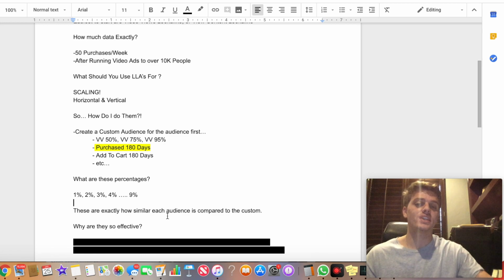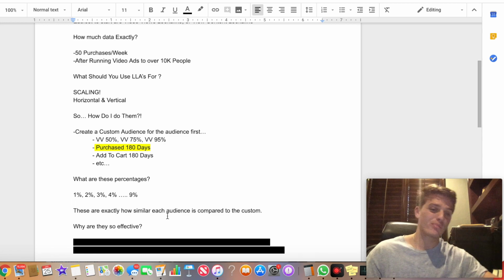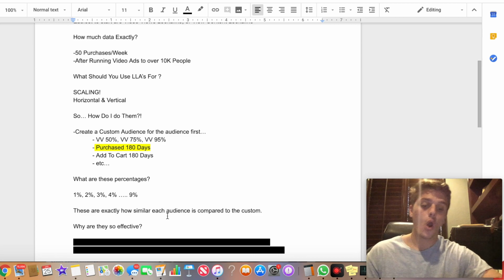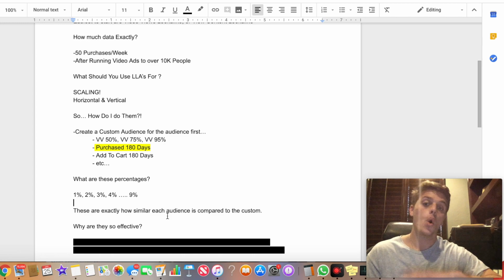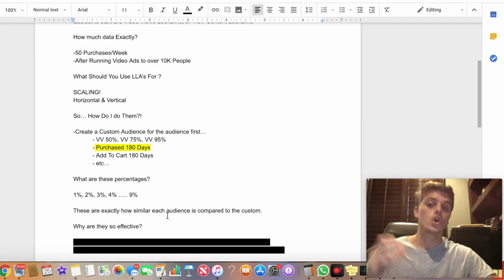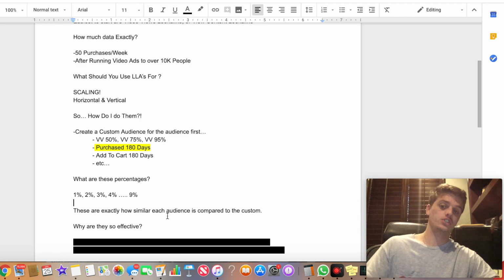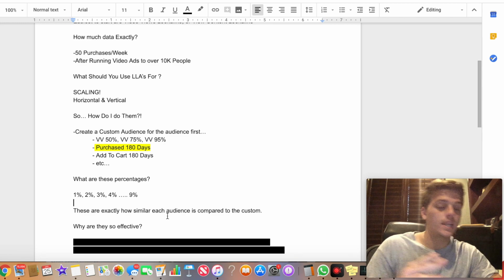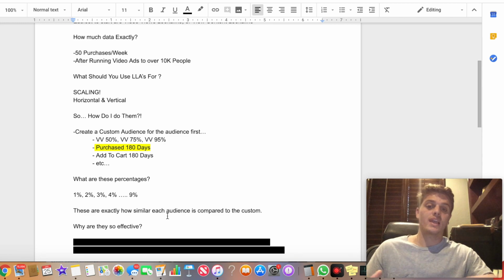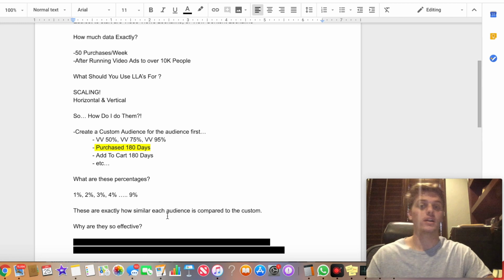So a 1% lookalike audience based on a purchase of 180 days are people who are very, very, very similar, the most similar 1% of the population of the country that you're running them in, to the people who have purchased your product. 9% is going to be a larger range of people. In the United States, it's over 20 million people, but it's going to be 9% similar to exactly the people who have purchased your product.